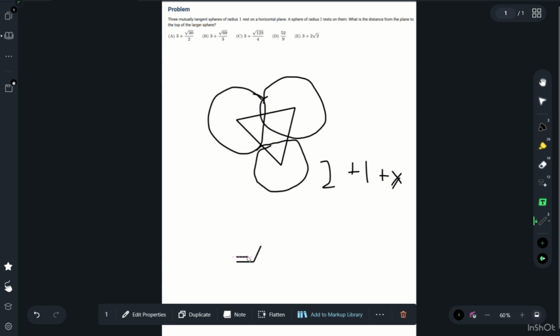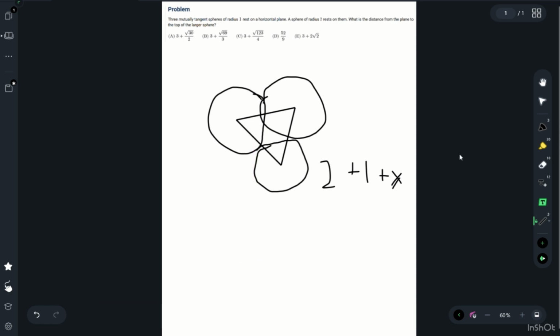Okay, you know what? Let's just use this. So basically, we're going to have to draw something like this, which is basically just a prism.